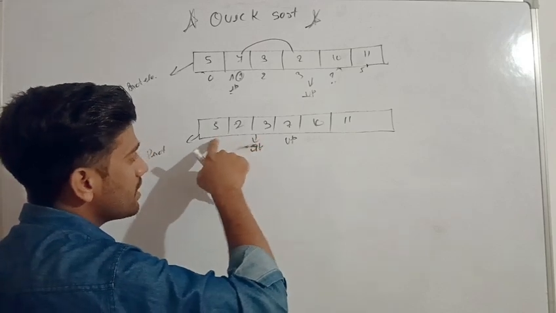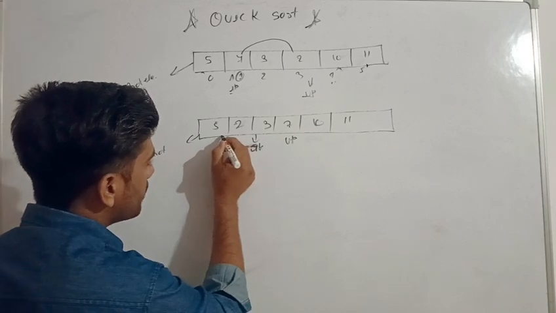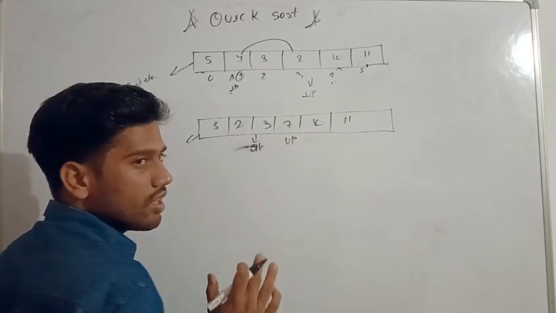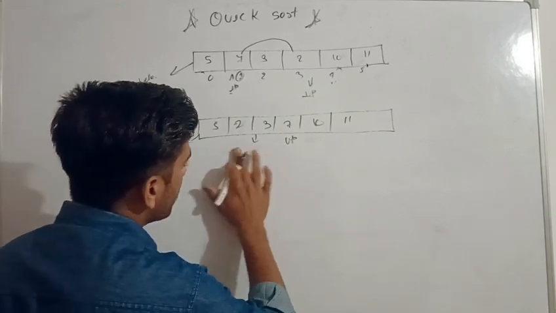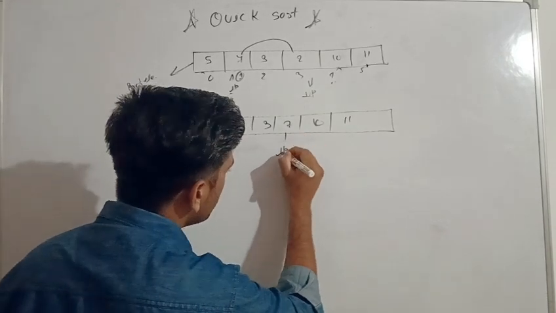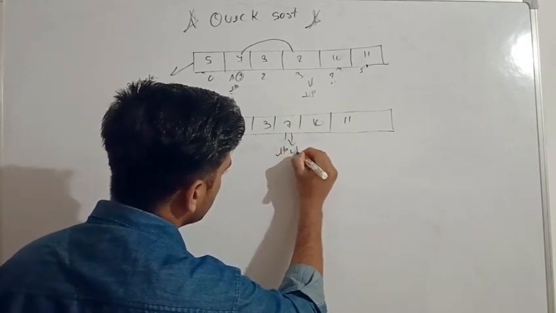5 is greater than the lower bound. Yes, 5 is greater than the lower bound, then at this time no need to. No, sorry, now here it will be incremented, and it should be lower bound, and also here is the upper bound.